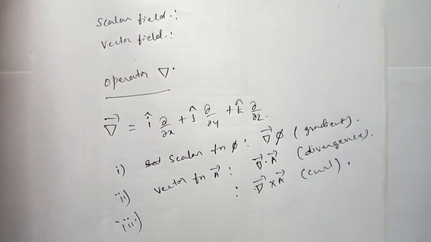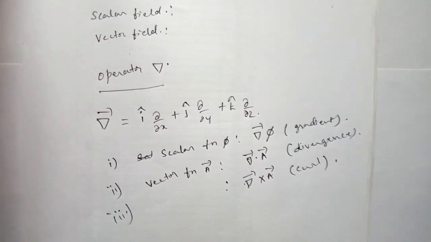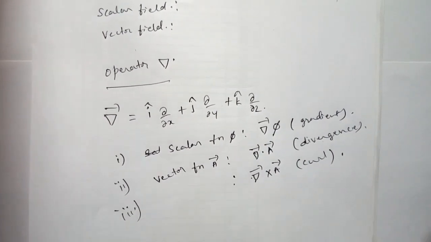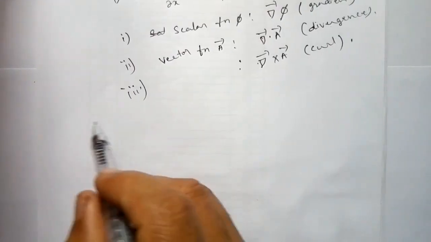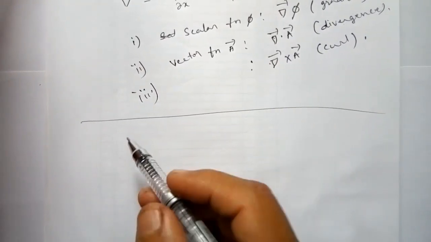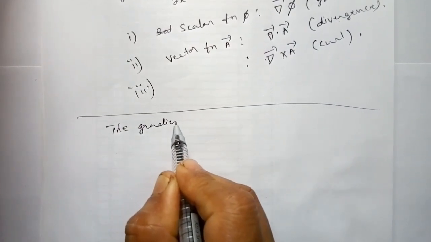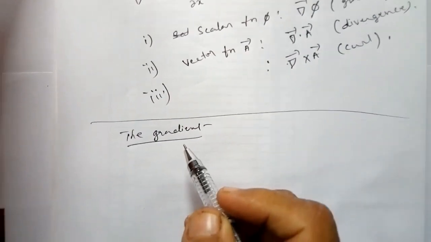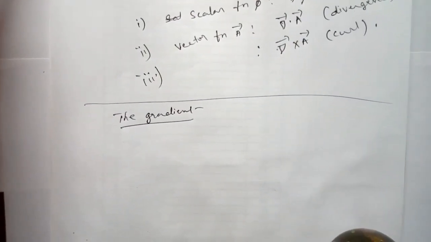All these things we have discussed. Let us briefly go through what exactly the gradient, divergence and curl are. First, let us see what the gradient is.